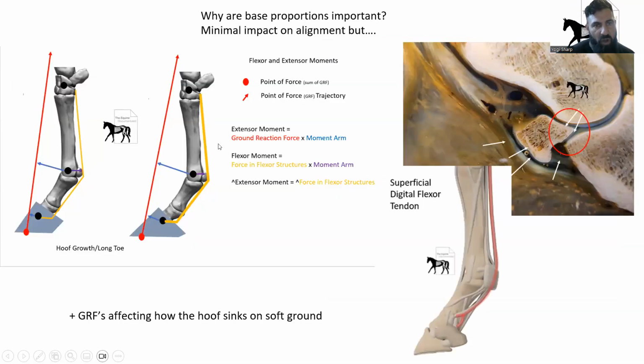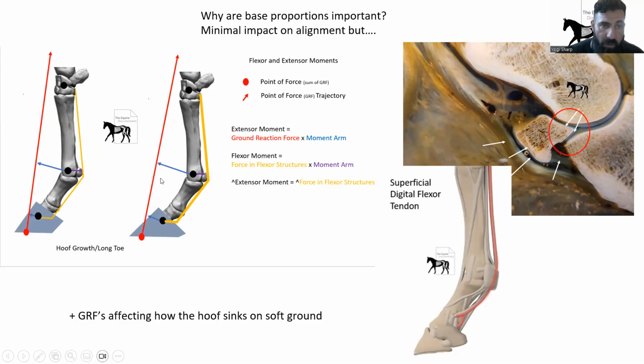Well, it's important because there are mathematical models, and we'll have questions at the end, showing that the more toe you have, the more the point of force trajectory increases. The longer your toe is, the more the point of force, which is where the ground reaction forces act through the limb, increases because it gets further and further away from the centers of rotation of the joints, okay?